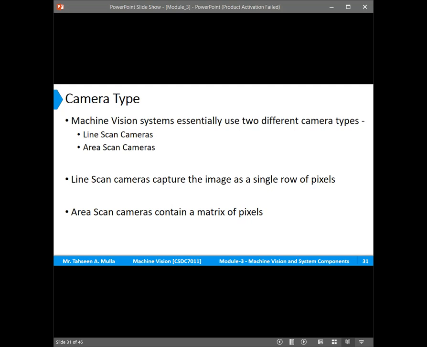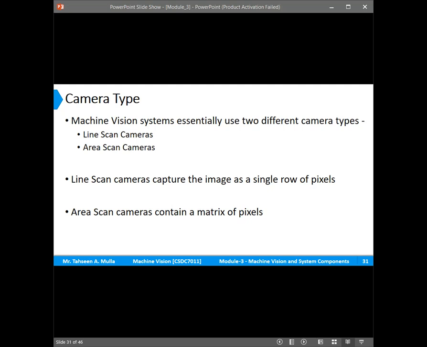Now, if you want to store multiple rows of pixels, you have to go for area scan cameras, right? During the evolution of area scan cameras, multiple rows of pixels were collected together.